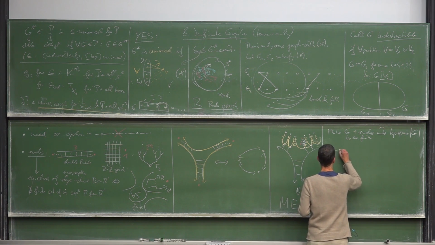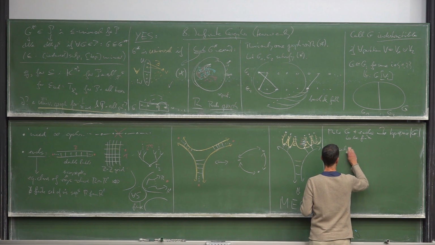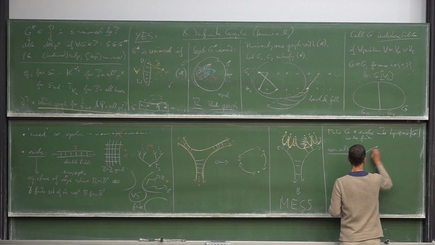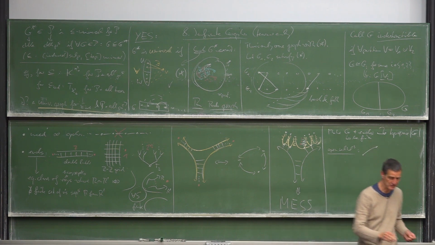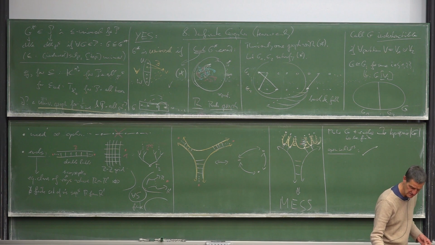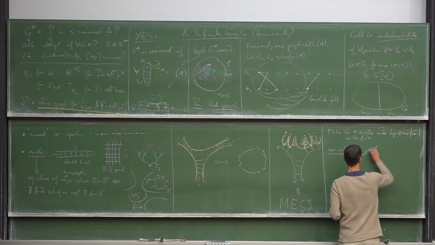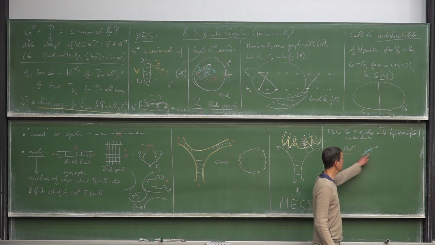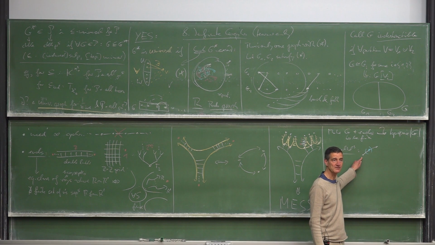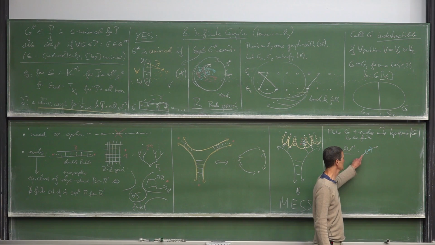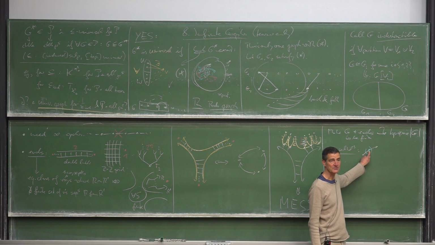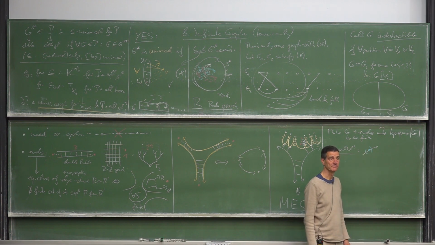So open neighborhoods: if you have an inner point of an edge, think of that edge as a homeomorphic copy of the real interval [0,1], with this the image of 0 and this the image of 1, and then take any inner point of that, take an open interval around it.